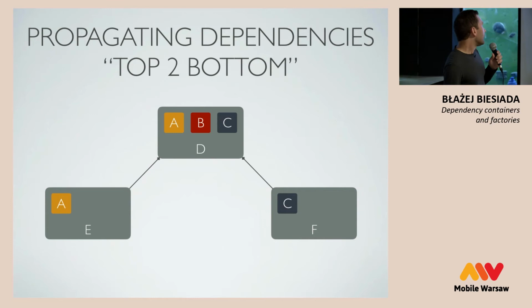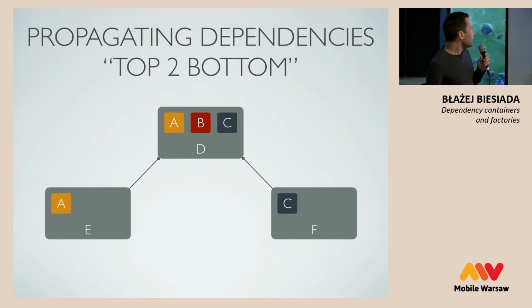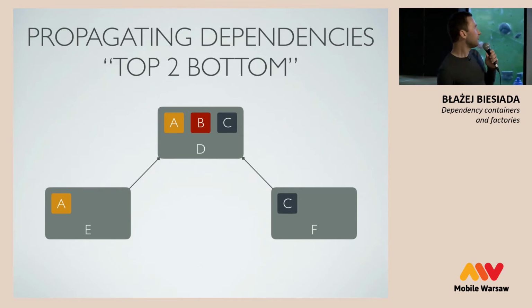Basically, in a graph of objects like this, where object D depends only on B, but at some point this object D wants to create E, and E depends on A, then object D would hold, from the beginning of its lifetime, A as a dependency because A is needed for E.